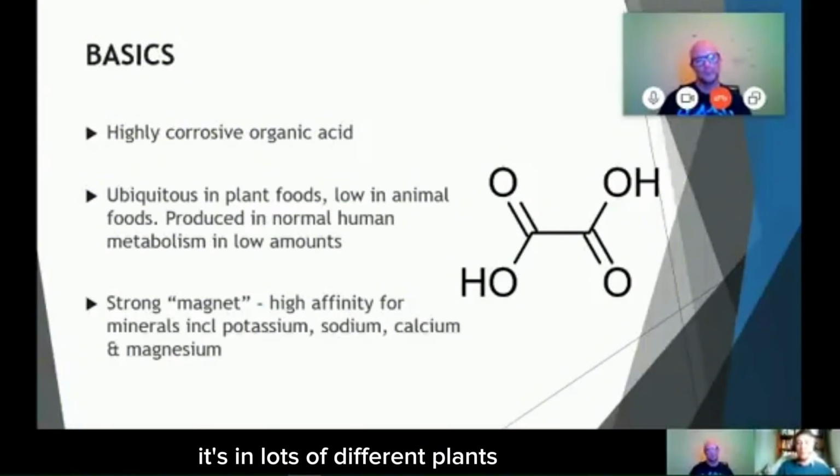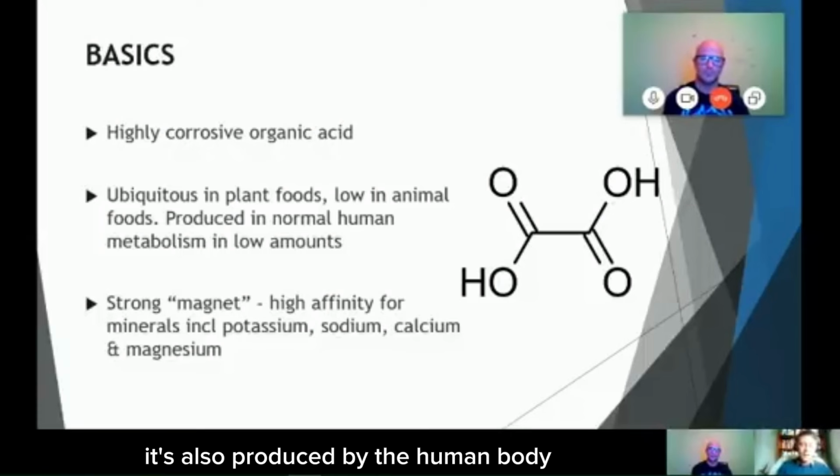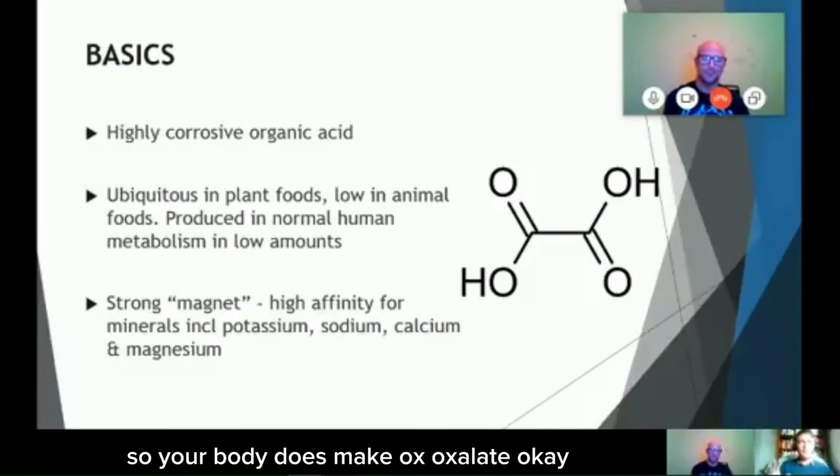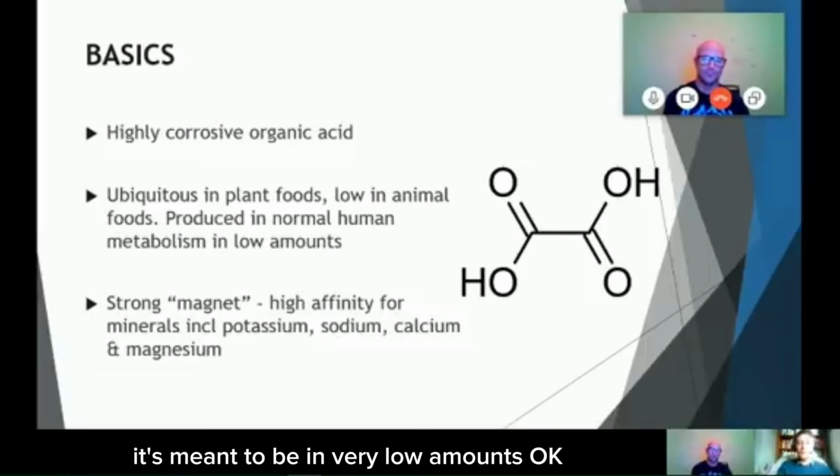It's in lots of different plants, some more than others. It's generally very low in animal foods, and it's also produced by the human body. So your body does make oxalate. The problem is that in normal human metabolism, it's meant to be in very low amounts.